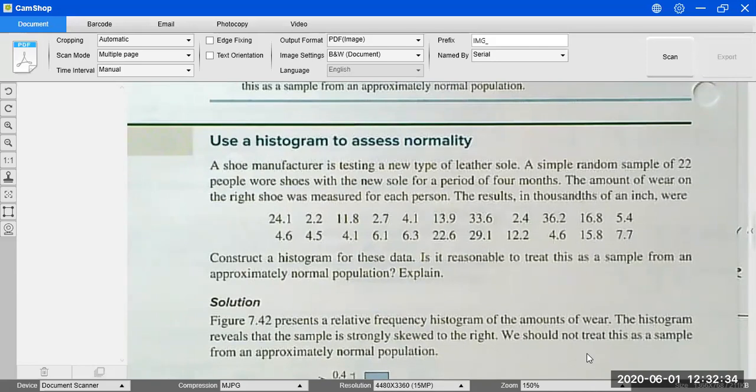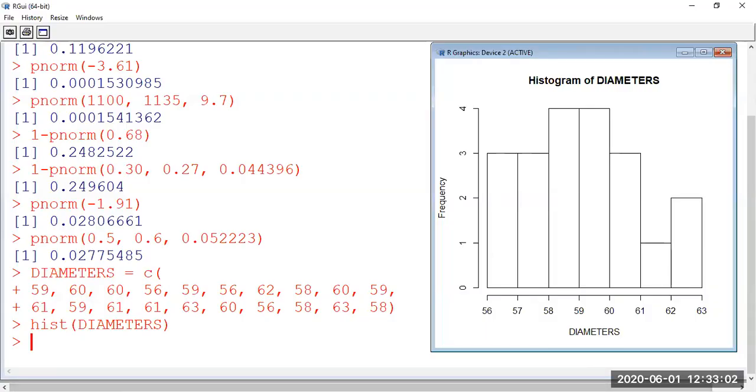A sample of 22 people wore shoes with the new sole for a period of 4 months. The amount of wear on the right shoe was measured for each person. The results are in thousandths of an inch of wear. And then we have another data set that we're going to enter into R, and then we're going to look for symmetry in the corresponding histogram. So again, we go back to R, and now we're going to enter the values for those shoes.